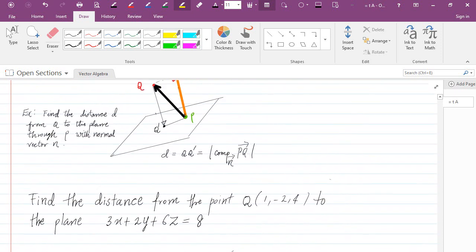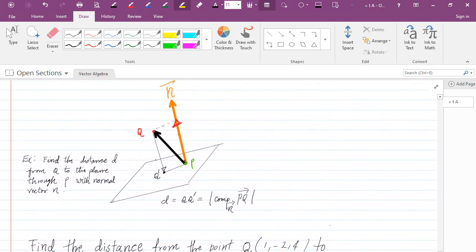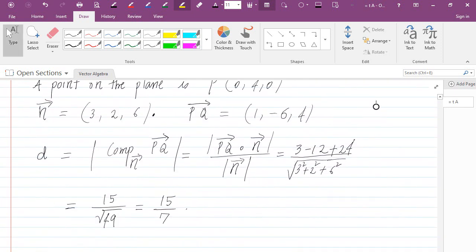And so now we know that the distance will be the component of PQ along the normal vector n. So the distance would be the component of PQ along the vector n in absolute value. So the component we know is the dot product of PQ with n divided by the length of n.